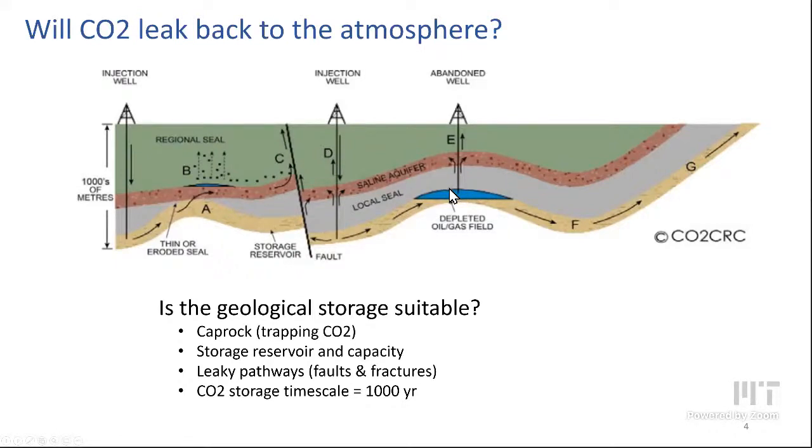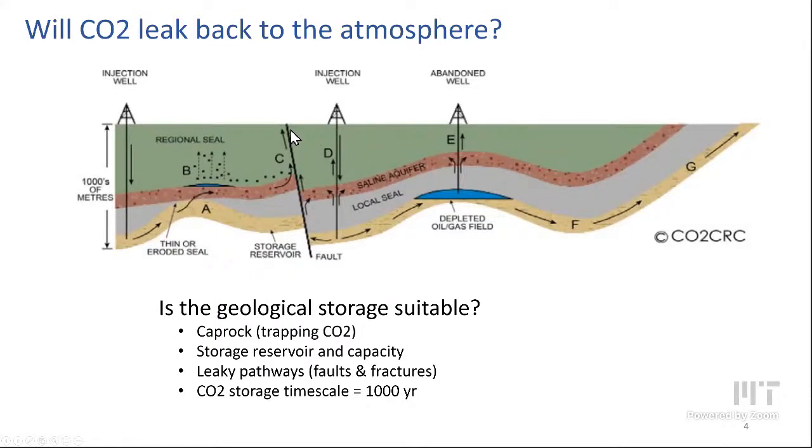But potential leakage pathways or faults could lead the CO2 to migrate across the fault or along the fault to the surface.